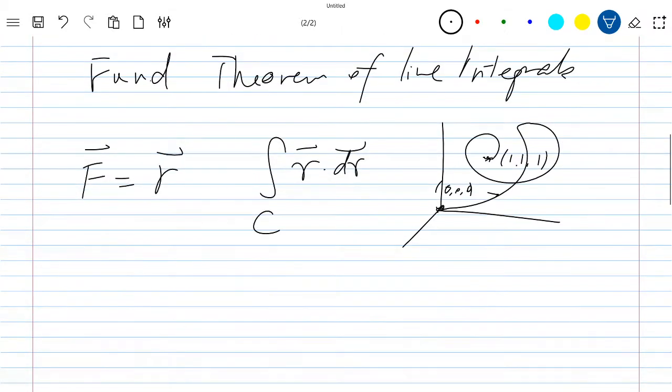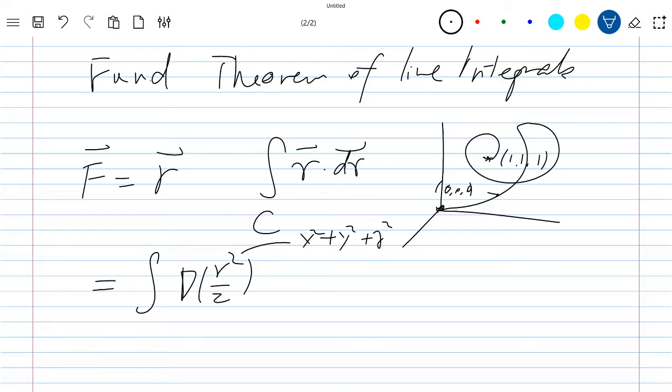It's really hard to parameterize, but we can tell the answer because we know this r equals the gradient of that, and this equals one half of x squared plus y squared, or plus z squared if you have 3.